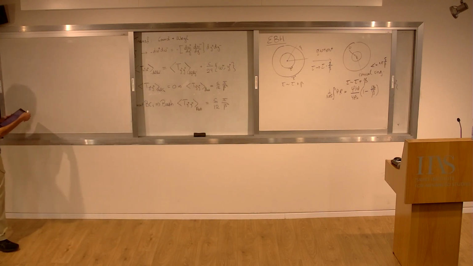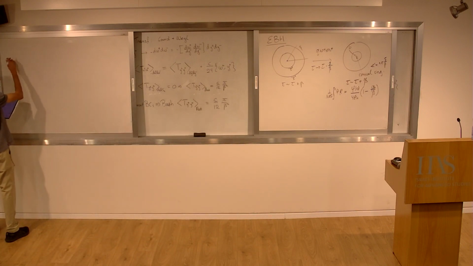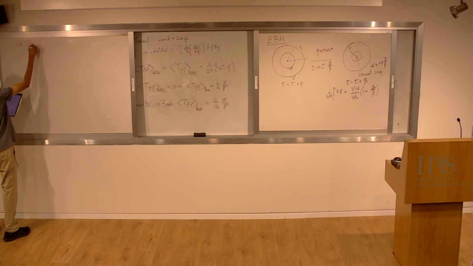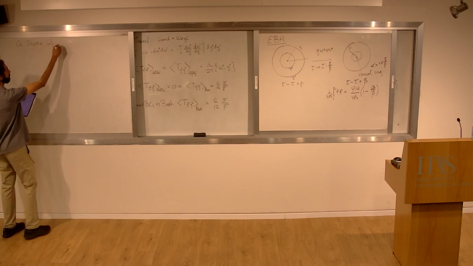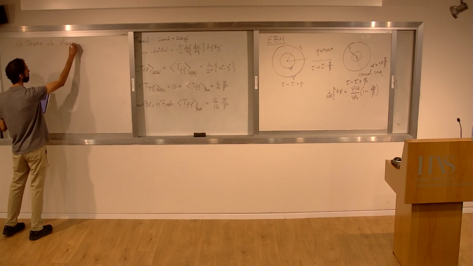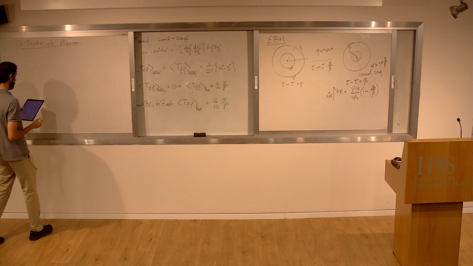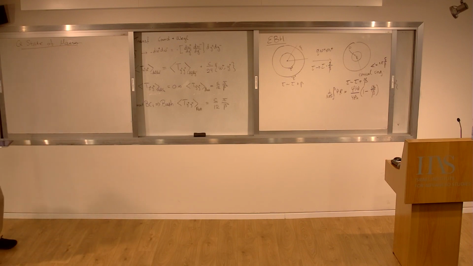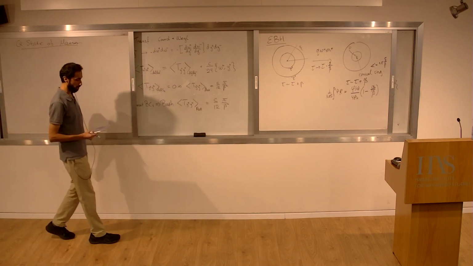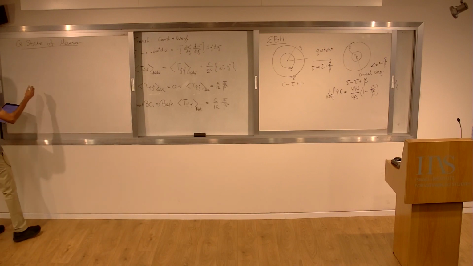So what I'm going to do now is to compute the quantum state of matter, and we're going to do that via sort of conformal anomaly tricks on the entire system.